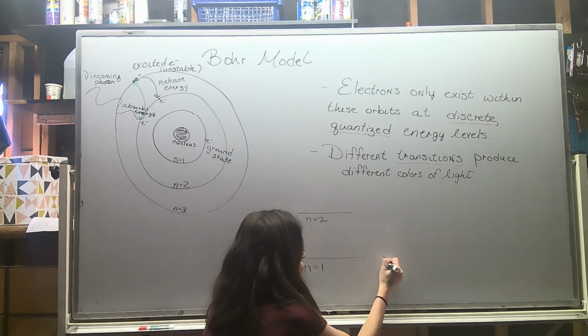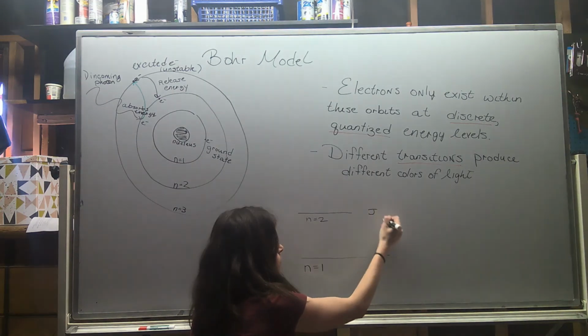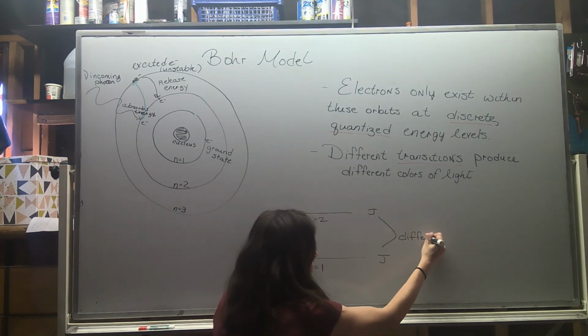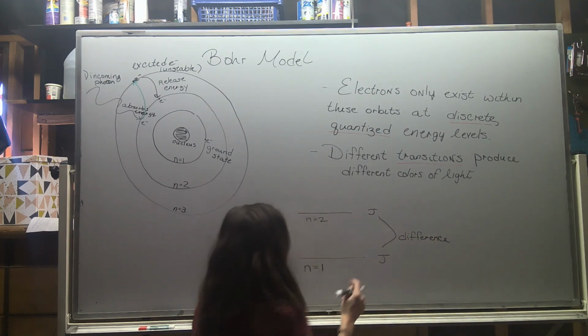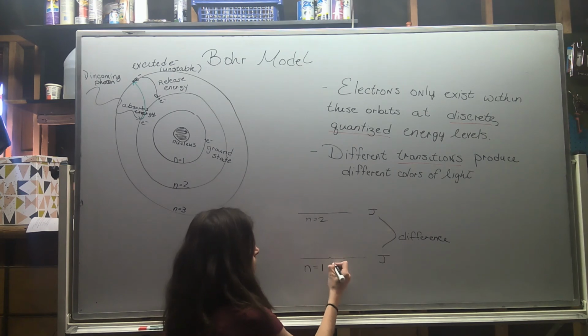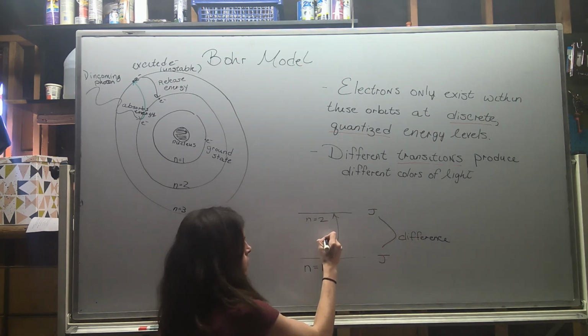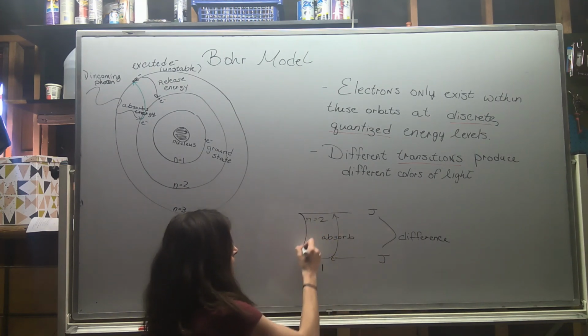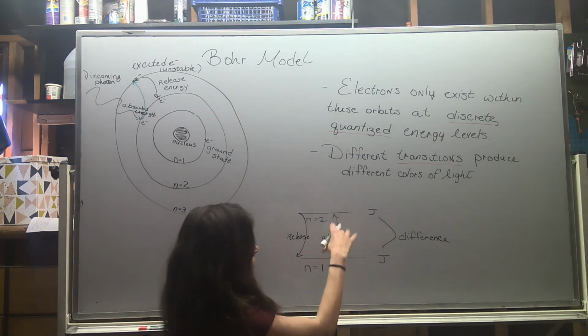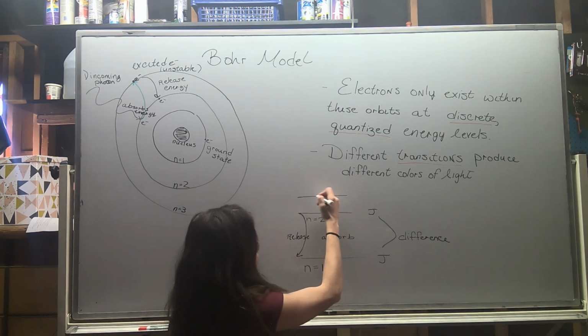So we can take the joules from this one and the joules from this one, and take the difference. And then if we want the electron to go up, it would have to absorb that difference. If we want the electron to go back down, it would have to release in the form of light that difference in energy.